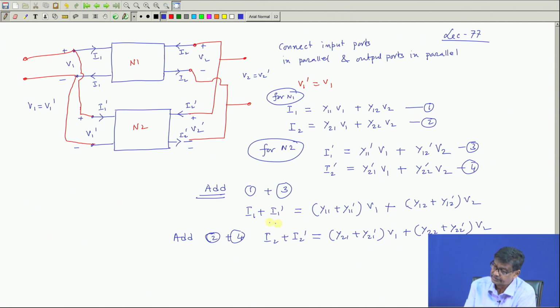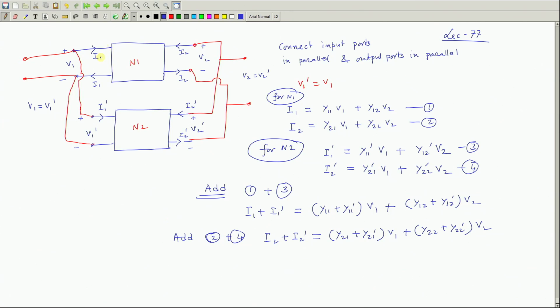So, this is the thing. Therefore, this whole network can be considered equivalently as a single 2 port network whose input voltage is either of these voltages V 1, and whose input current is I 1 plus I 1 dashed.